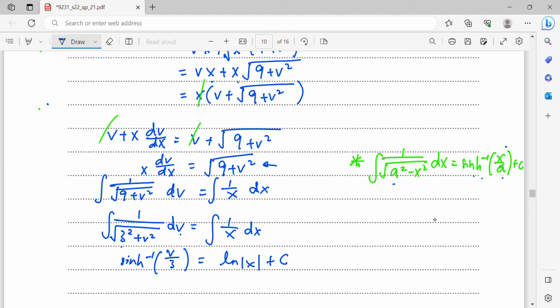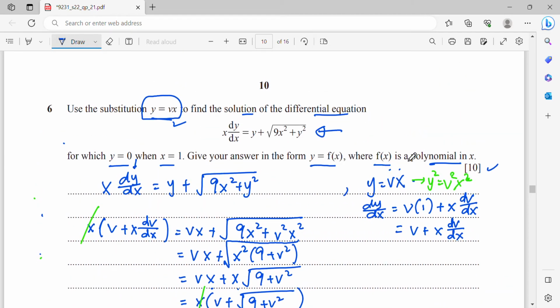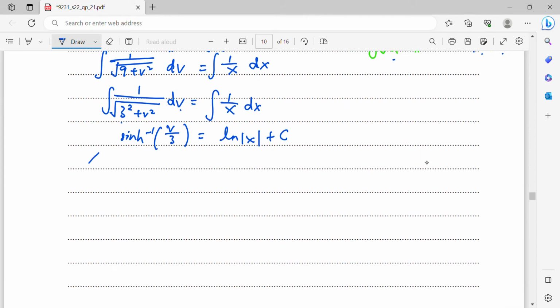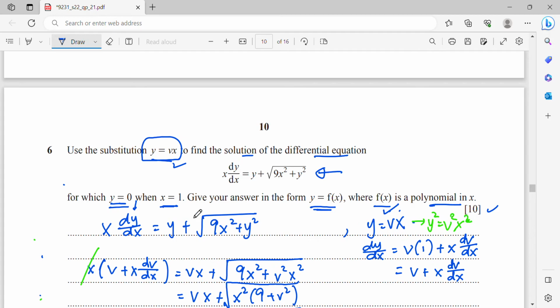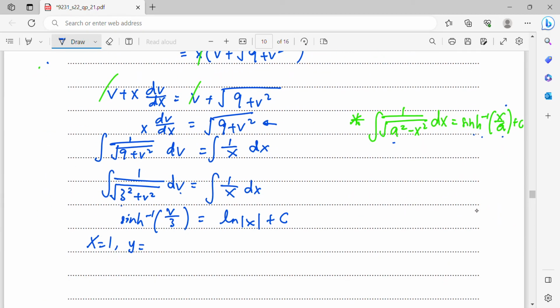Okay, so before we proceed, to get the solution where y equals f(x), you need to refer back. Your y is vx, and now you are given x and y. So I will write x equals 1, y equals 0, then y equals vx.